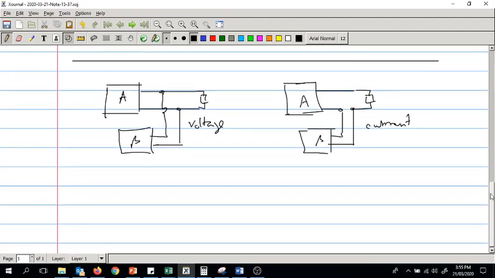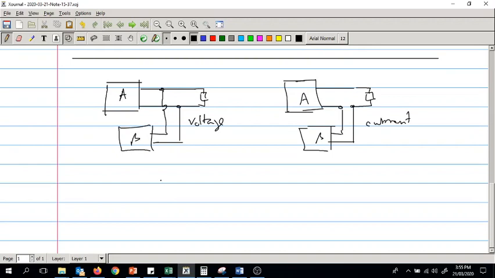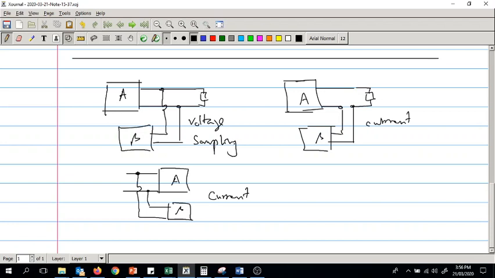In the case of mixing, this is your amplifier, if you mix it in parallel, then what are you mixing? What you are mixing is a current. So you can apply KCL to this node. You are not mixing a voltage. So this is current mixing, this is voltage sampling, and this is current sampling.